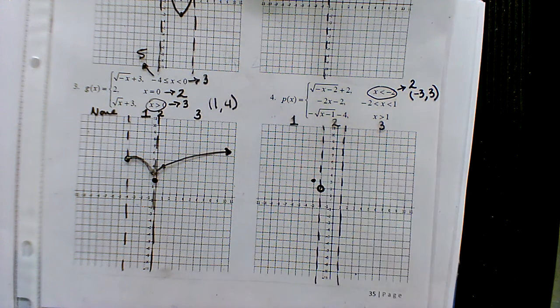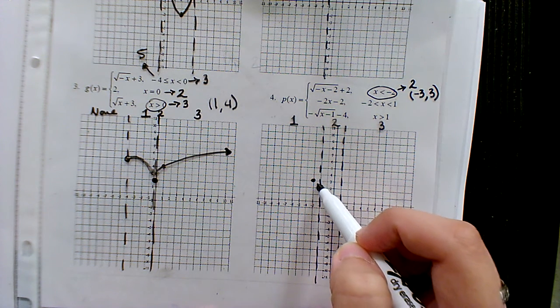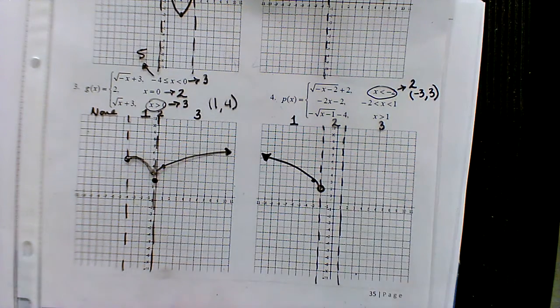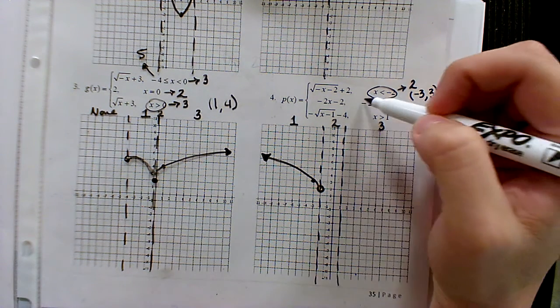We can plot that point. So we have that starting open circle, we have our guiding point, and we're going to curve off to the left because we have to stay in that first region we labeled.